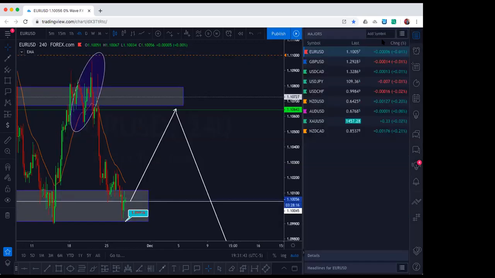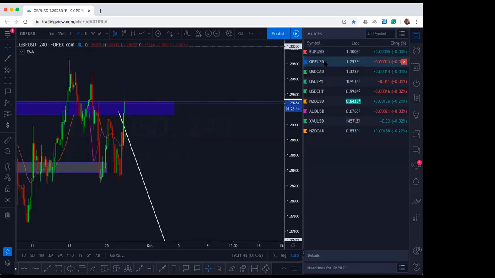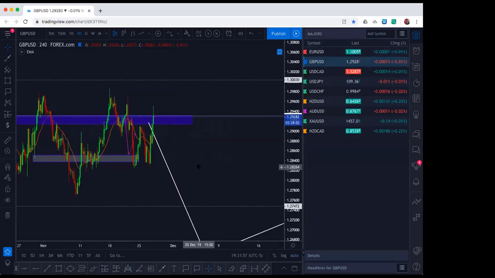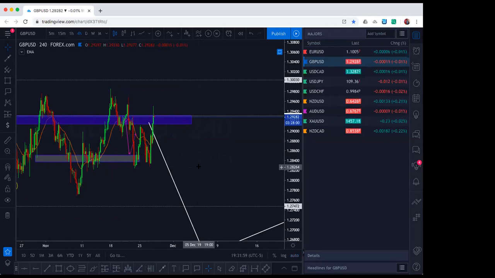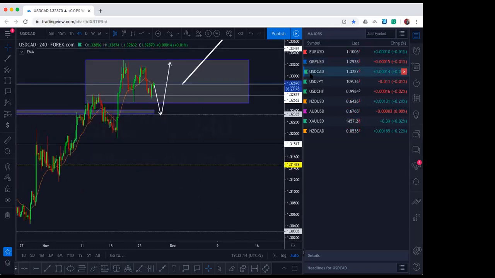For Pound USD, we'll be looking at shorts and targeting the 126 area. Based on your rules of entry and exit, you would find multiple areas where you can take profit and re-enter your trade. But all in all, we are shorting pound all the way down to 126. USD CAD, expect further consolidation out of this overall pair.